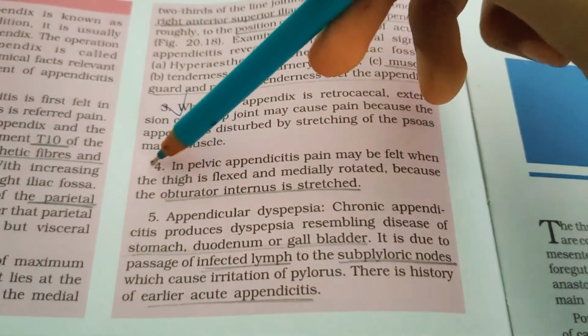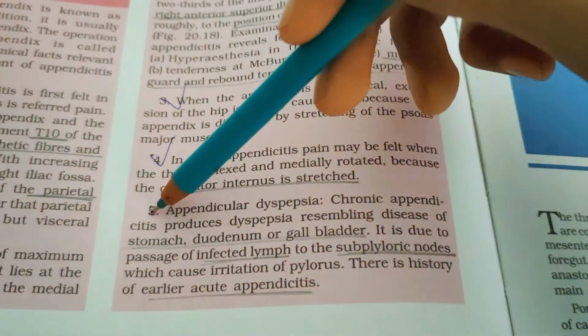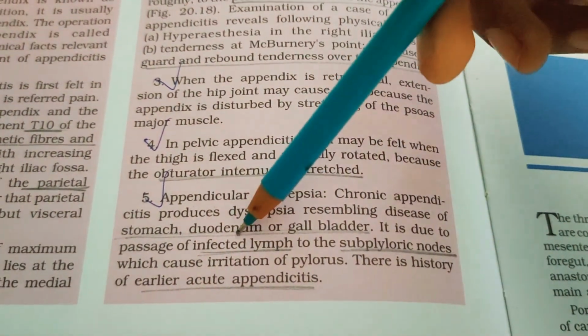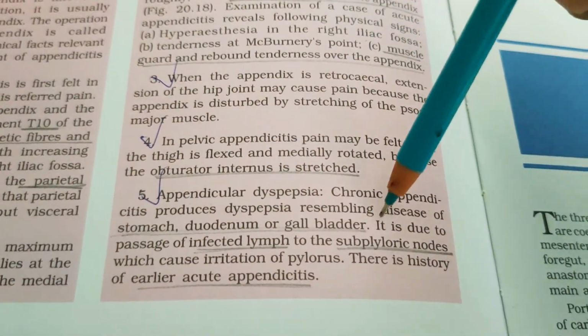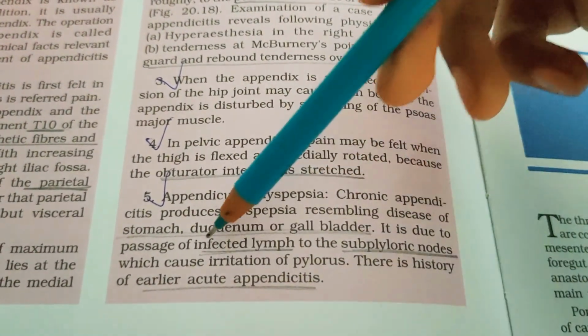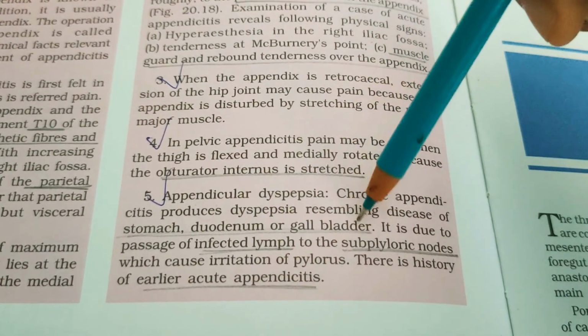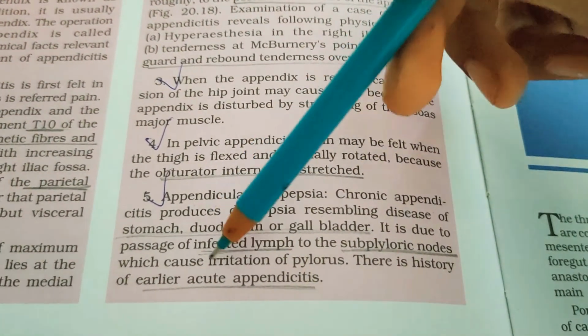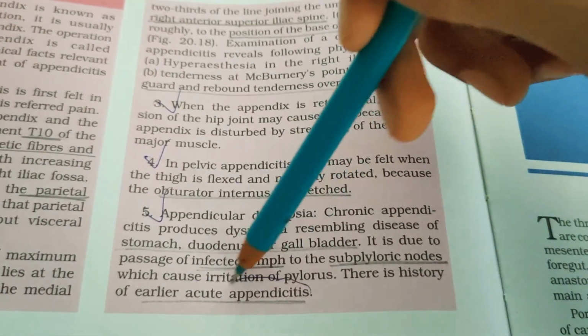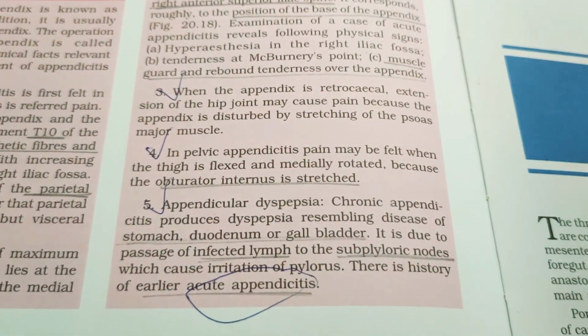Next, appendicular dyspepsia. This is chronic appendicitis which produces dyspepsia resembling disease of the stomach, duodenum or gallbladder, and it is due to passage of infected lymph to subpyloric nodes which cause irritation of the pylorus, and there is also a history of earlier acute appendicitis. So this is appendicular dyspepsia.